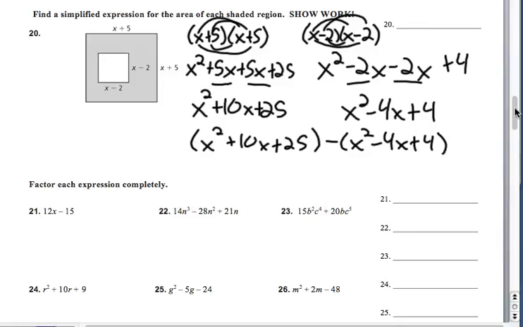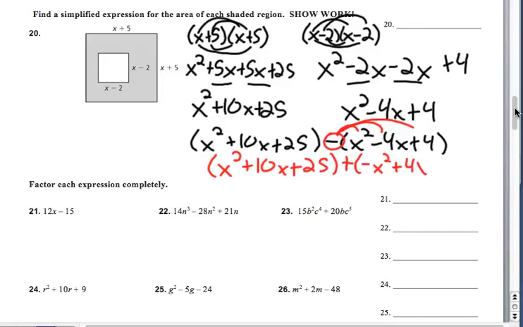When you're subtracting, remember the biggest thing you can do to help yourself, take that negative and distribute it throughout, okay? So your first one doesn't change, but you do want to change it into an addition problem by distributing that negative.